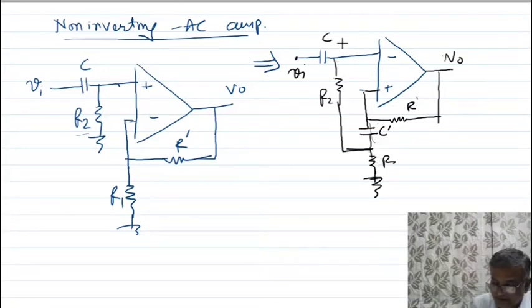Let me say this is A, and the potential at A and N will be the same. So it's approximately the same, so the current flow through R2 is very less, or in some books it is written that no current flows through R2. So the circuit offers a very high input impedance.